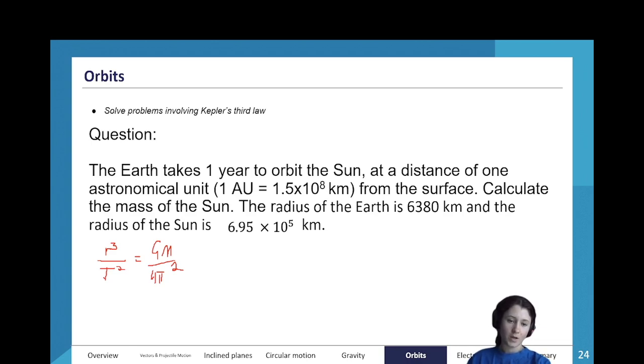The Earth takes 1 year to orbit the Sun, so we need to put this into standard units. So 1 year is how many seconds? It's going to be 365 days multiplied by 24 hours multiplied by 60 minutes per hour multiplied by 60 seconds per minute.